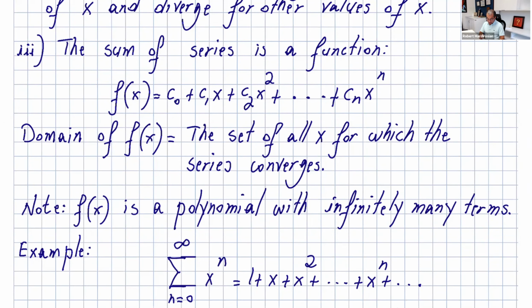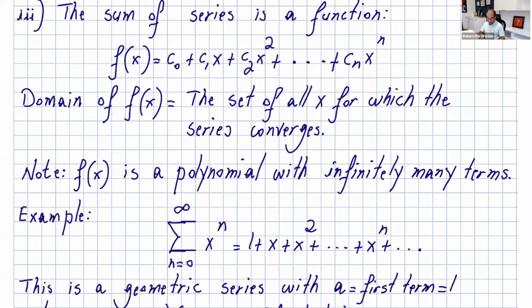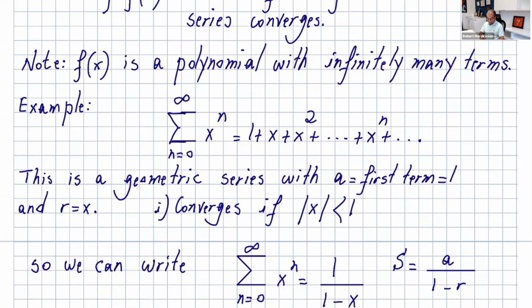f of x is a polynomial, and polynomials are nice functions, and that f of x has infinitely many terms. An example of that: if you have the sum of n starting from 0 to infinity of x to the power of n, if you put 0, you get 1 plus x plus x squared, and it just keeps going.